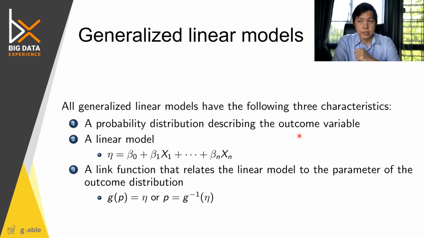For logistic regression, you have the binomial distribution, which we will see how it works later on. And you need to have a linear model, otherwise it wouldn't be called a generalized linear model, right? You need a linear model like this one, multiple variables associating with a new value. And then you need to have this link function.